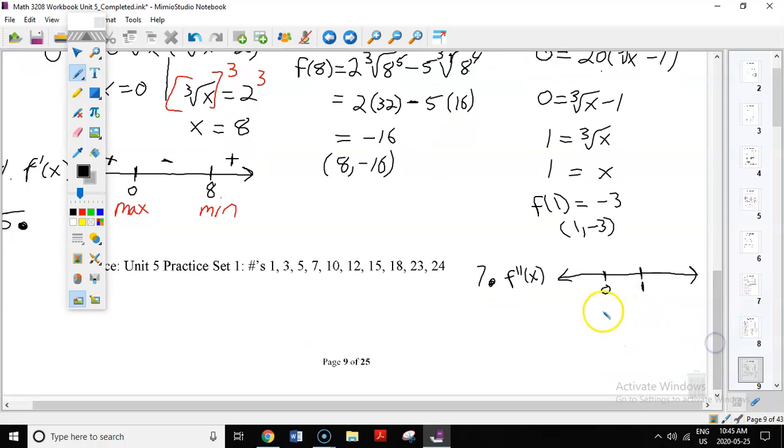Now what happens if you put a number less than 0 into the second derivative? You would get negative. If you put a number in between 0 and 1 in the second derivative, you will also get negative. And if you put a number greater than 1 into the second derivative, you get positive.